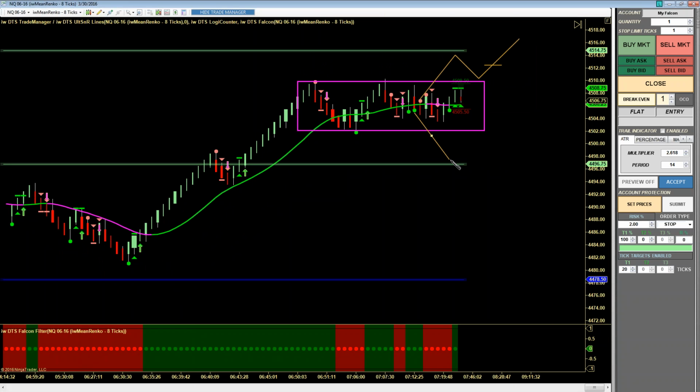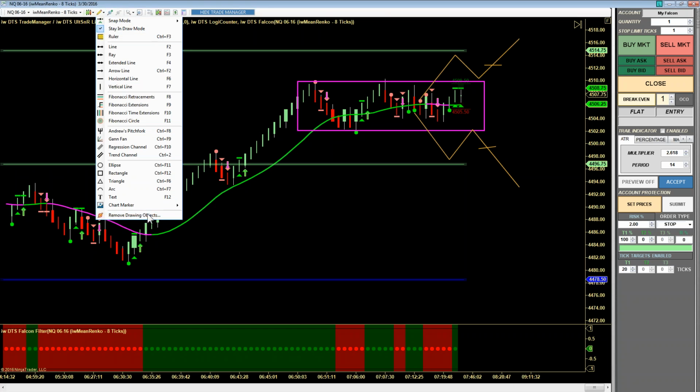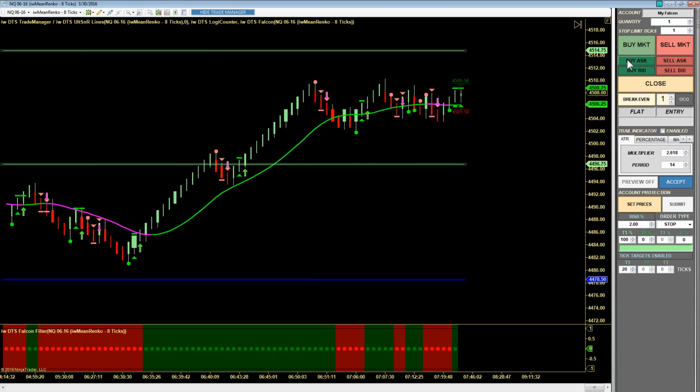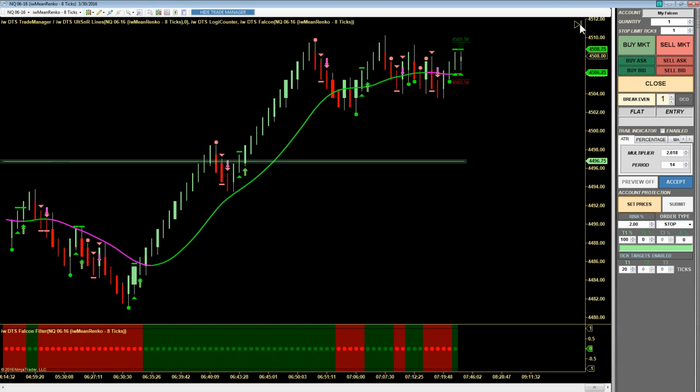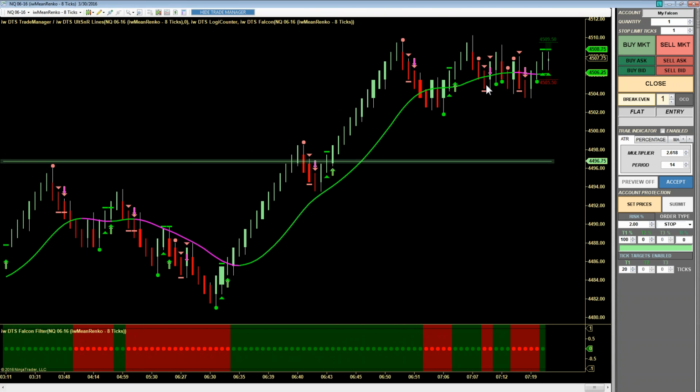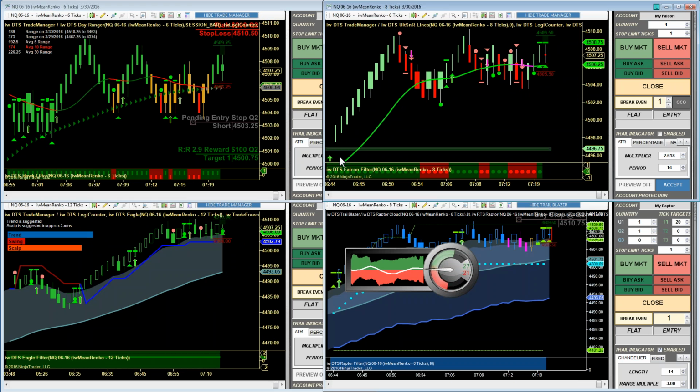Let it break, retest, and then look for your signal. So long as it's stuck within this range, it's going to be tough trading. As you've no doubt noticed, most breakouts from ranges tend to fail. They don't tend to have very good follow-through.